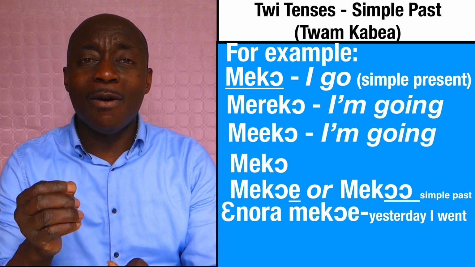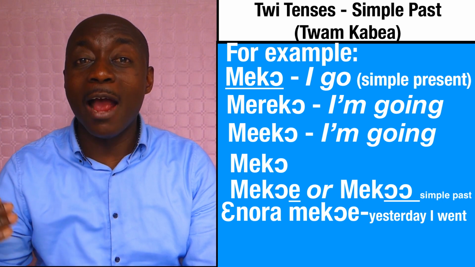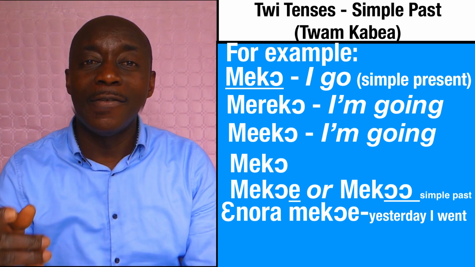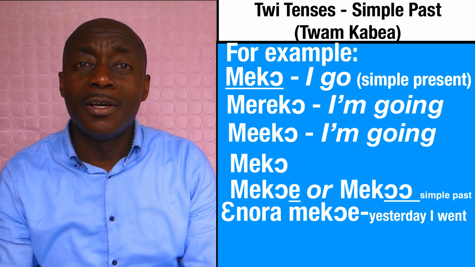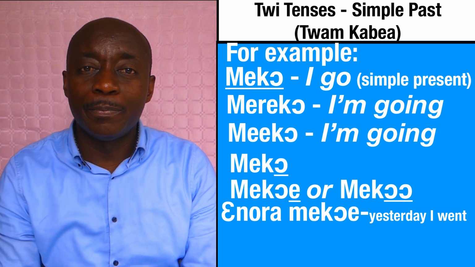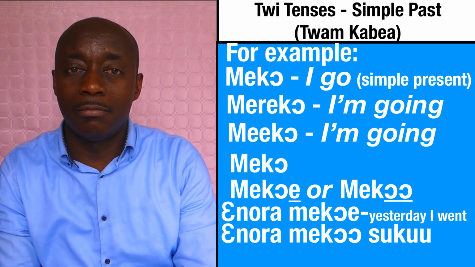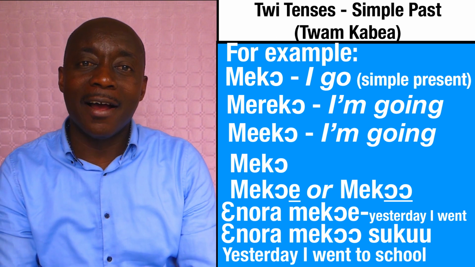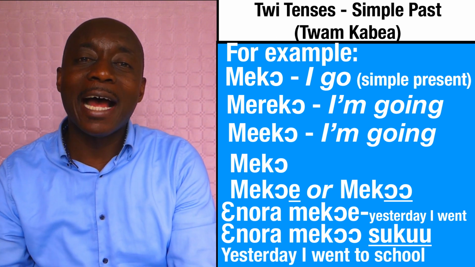Good. But if I want to add a complement, that is if I want to say where I went yesterday, what will I do? I will double the vowel that ends the verb. So what vowel ends the verb? That is o. So I will say enra meko suku. Enra meko suku. You see that here I am adding a complement.